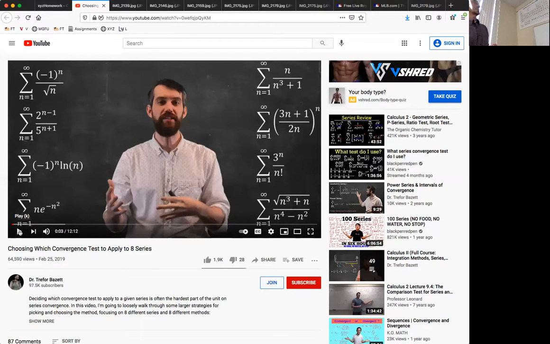Which ones are left? We did all the ones on the right. Oh, the bottom left, under that. There we go. It's the only one left, right? What does it do? Or what test could we use? It's not geometric, at least because of the n in front.